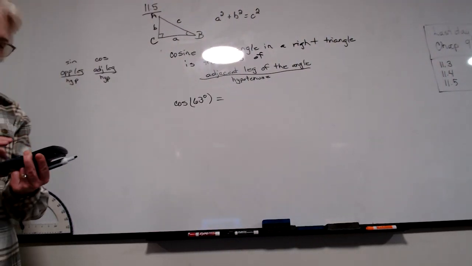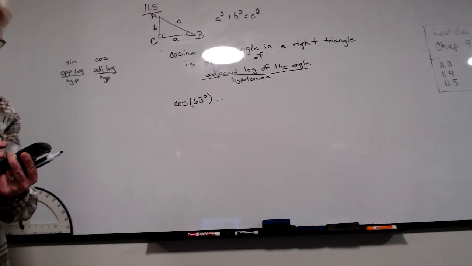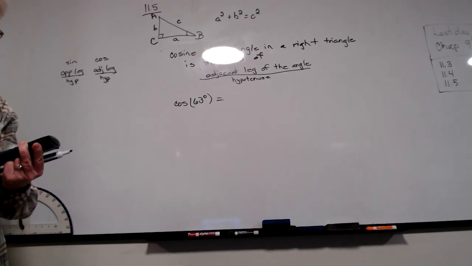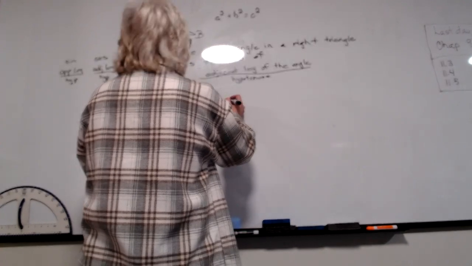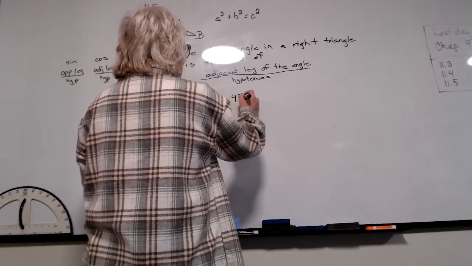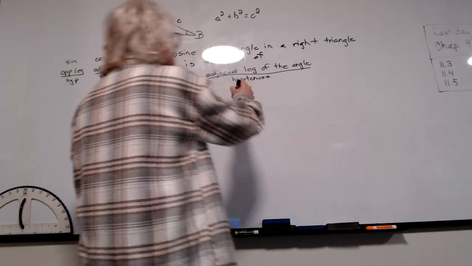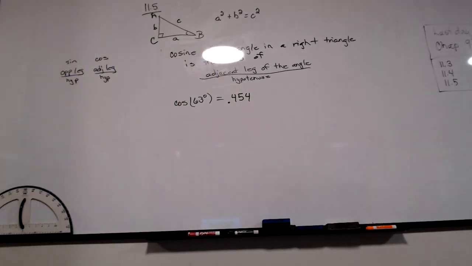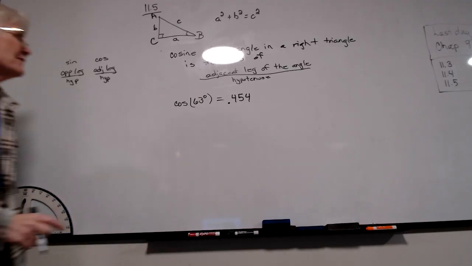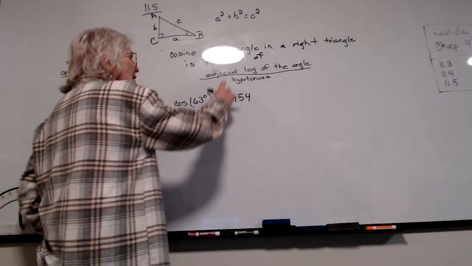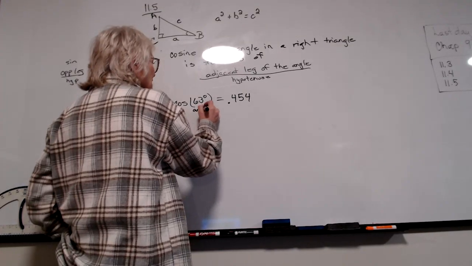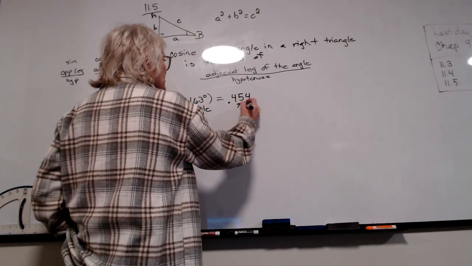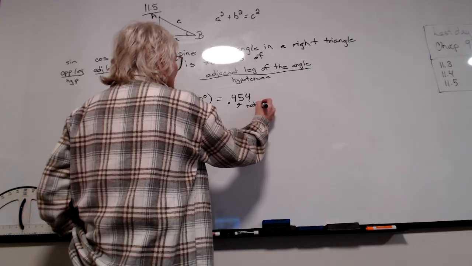And so if you say COS of 63, I get 0.454. So that's the ratio of the adjacent over the hypotenuse for 63 degrees. So here's your angle again, and here is your ratio. That's what it gives you.